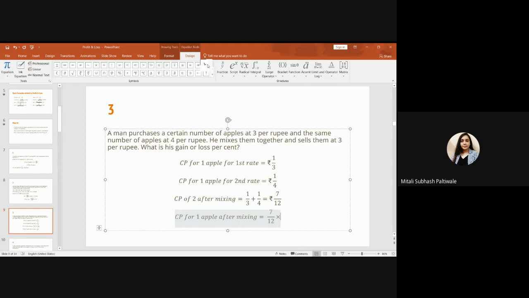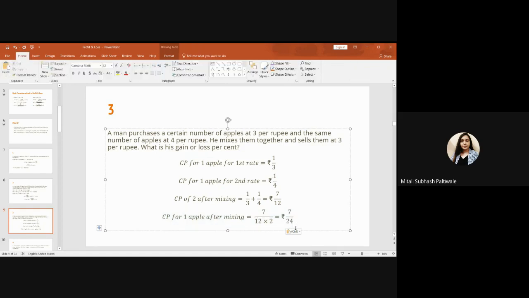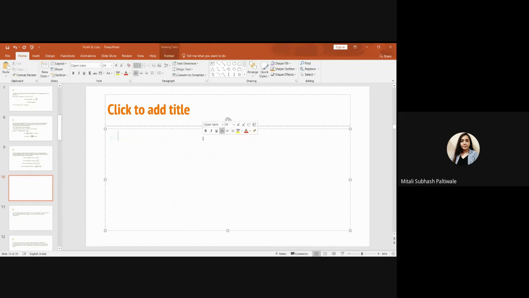This would become 7 by 12 into half of it, which is equal to 7 by 24. So this is the amount one has to pay for one apple after mixing them up.